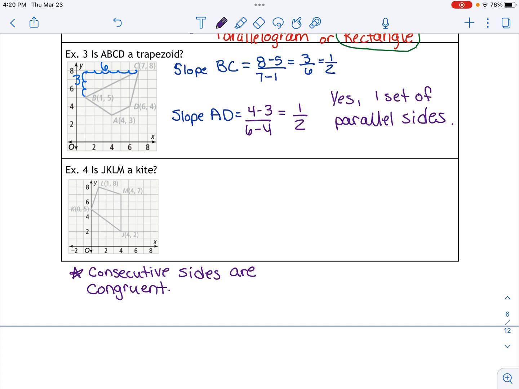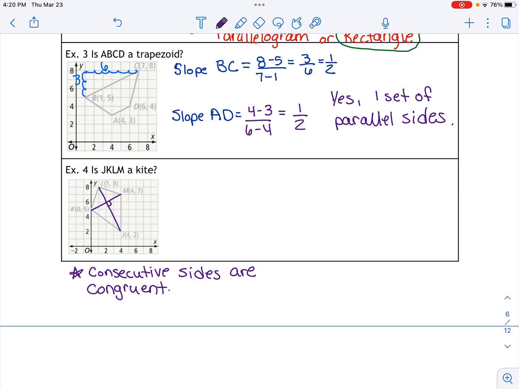Again, I know some teachers prefer Pythagorean theorem, and you can do Pythagorean theorem to show that the diagonals are the same length, or you can do distance formula. Another way some teachers like to do it is draw in the diagonals and prove that those diagonals would be perpendicular to show that it's a kite.